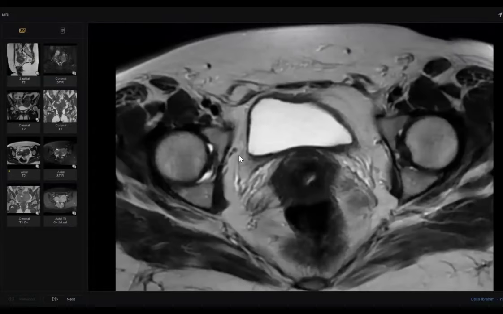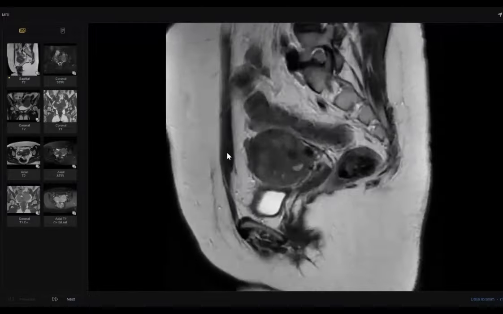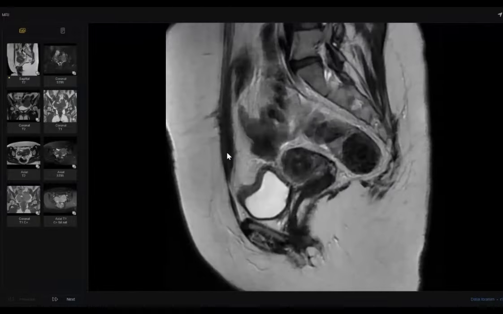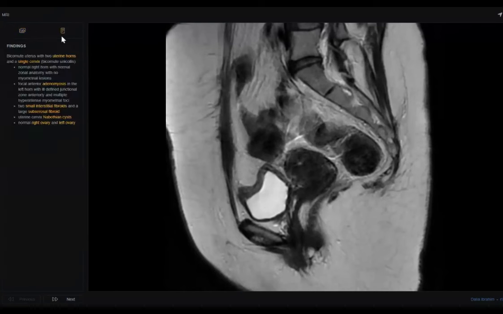Let me check in the answer over here. In the superior part, yes. Here, this thickening and heterogeneous signal may be deep penetrating endometriomas. Let's check here.